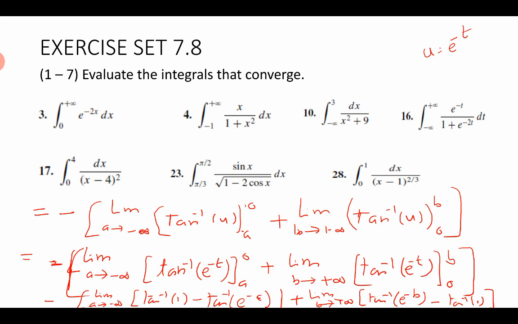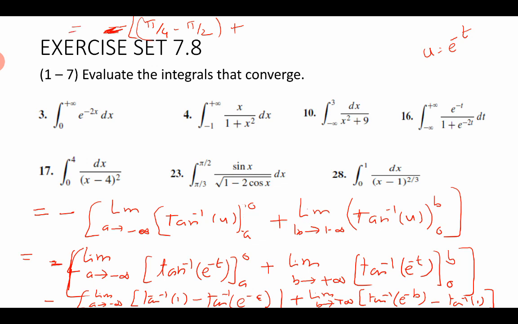When a goes to negative infinity, e raised to negative a will be e raised to positive infinity, which is infinity. So tan inverse infinity is pi by 2. So first one is pi by 4 minus pi by 2, because there is a negative outside. There is a negative outside, right?